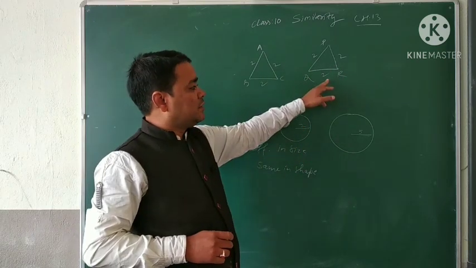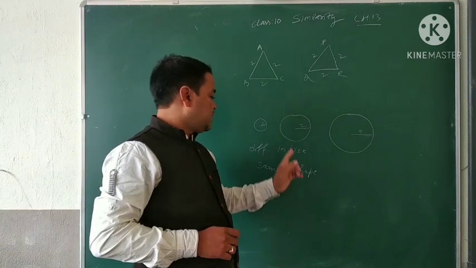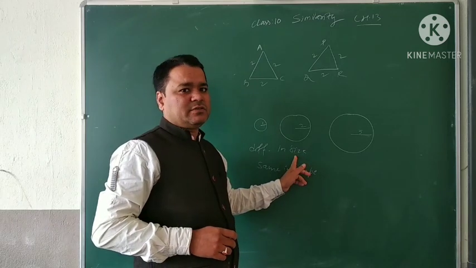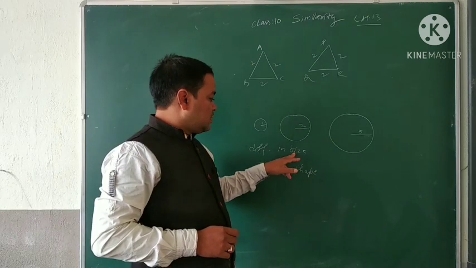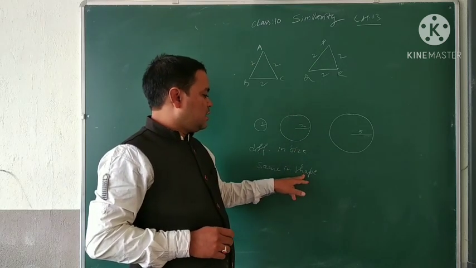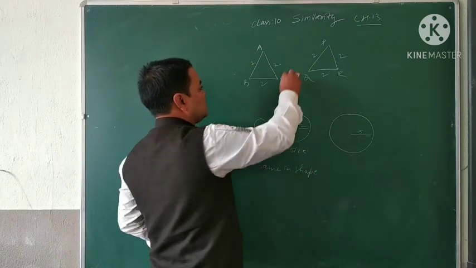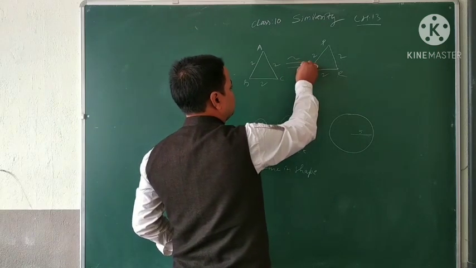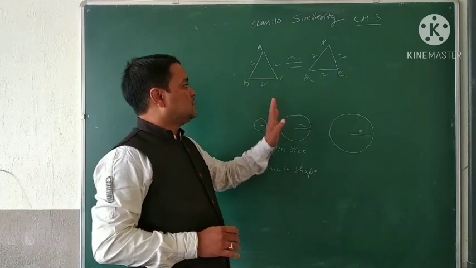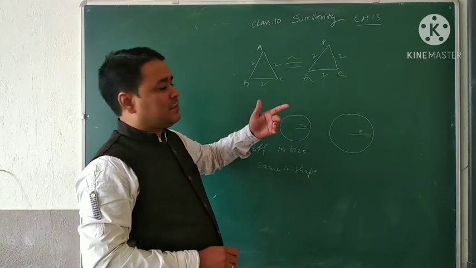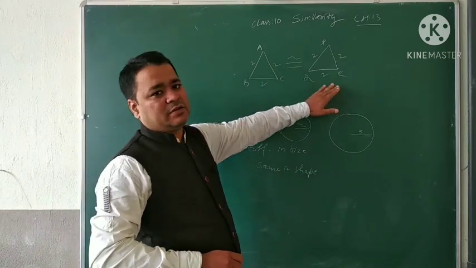They are similar in shape as well as in size. If two figures are equal in shape and size, then both properties are common. And we have 5 criteria for the congruency of two triangles.